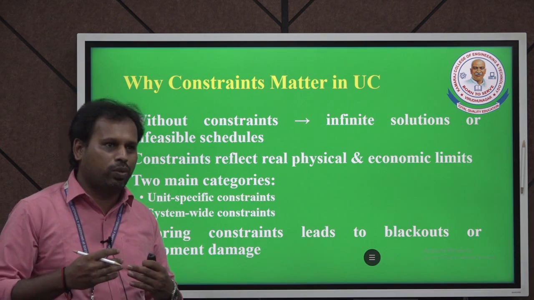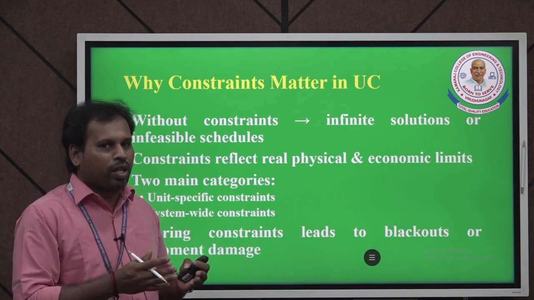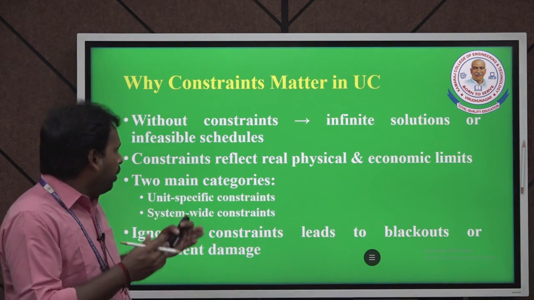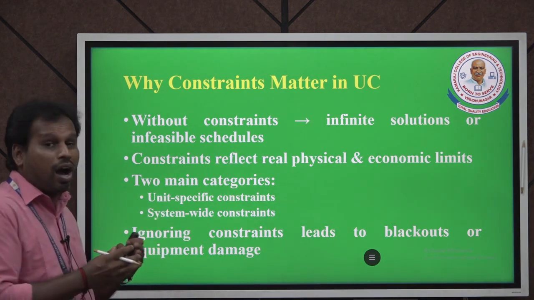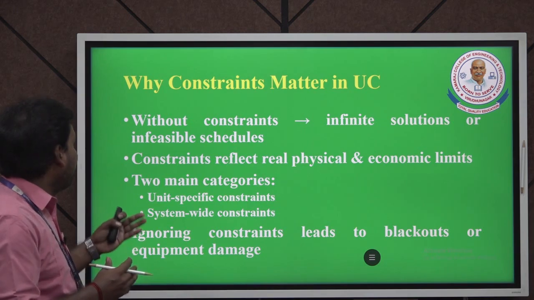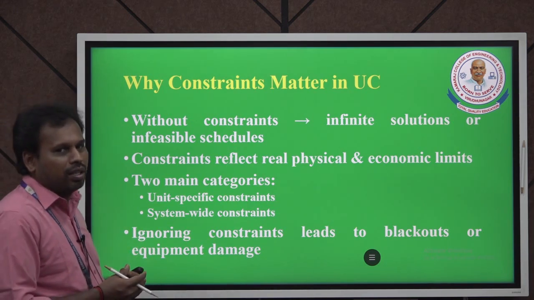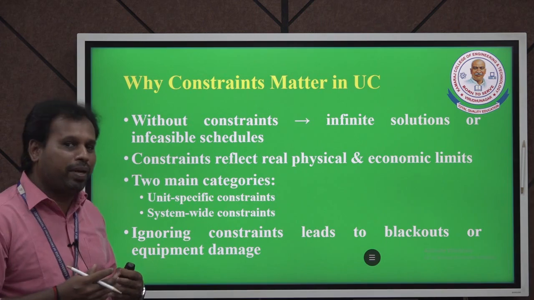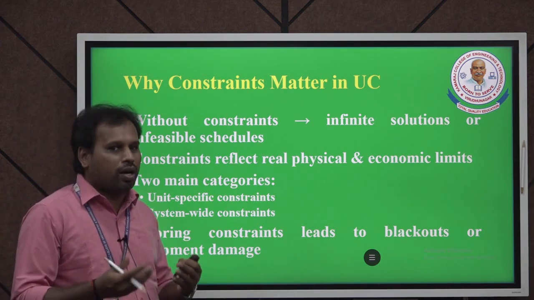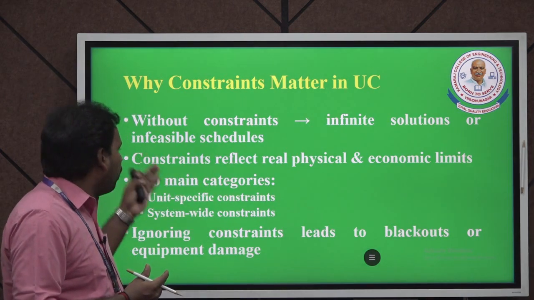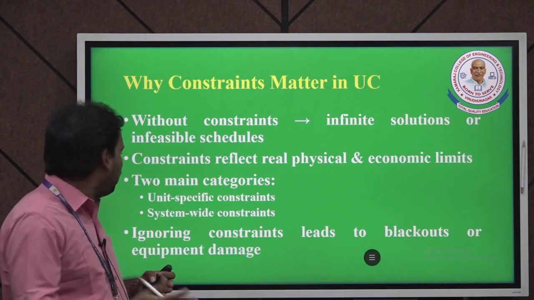For that we need to change our units also, changing unit on/off status every hour or every day. Without constraints the unit will collapse, maybe equipment damage, and power may be lost due to cost effects. We have to meet the losses.